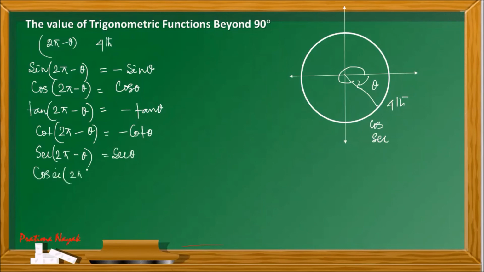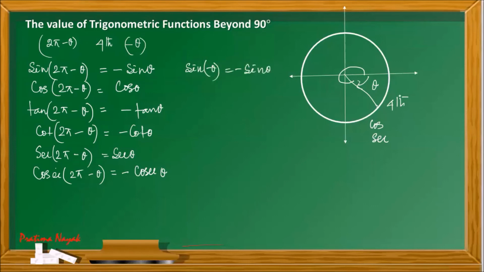And you must be thinking there's so much she's writing, but you'll see that if you learn this, you will feel very comfortable to write all the angles. So 2 pi minus theta is same as your minus theta. That means if it is sine minus theta, immediately you will write that this is minus sine theta.